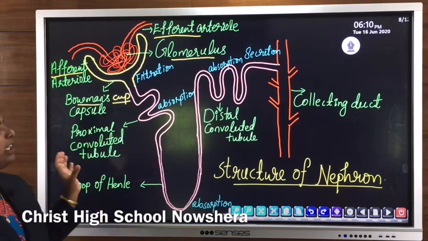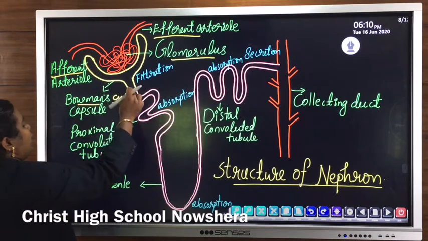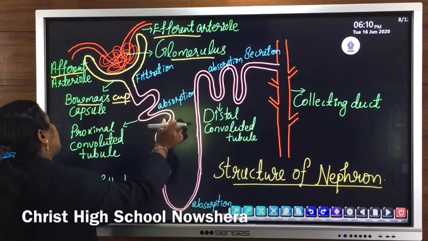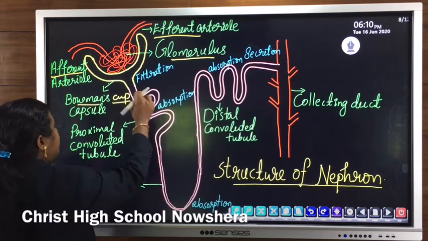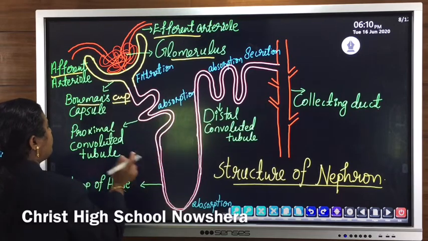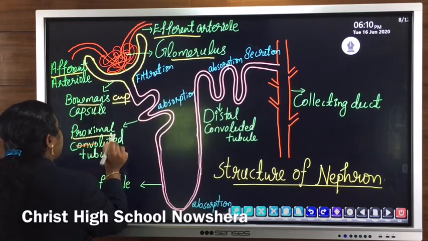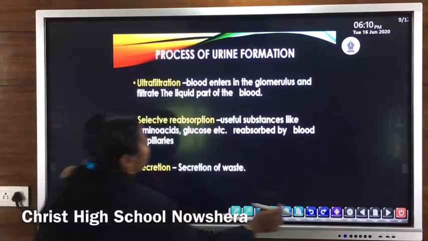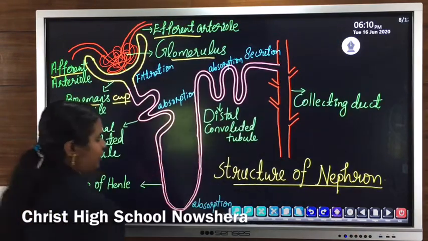Then Bowman's capsule continues downward as a long tube, and it is known as the proximal convoluted tubule. The proximal convoluted tubule is located just near the Bowman's capsule.